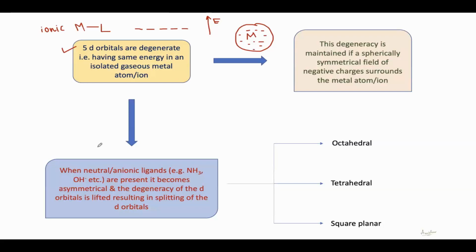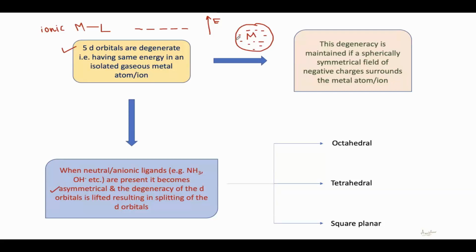Now what happens when the ligands come and distort the spherically symmetrical field? Whenever this negative field is generated due to the presence of ligands, it could be ammonia or hydroxide or any other ligand. When the ligands are there, they interact by their negative dipoles with the metal atoms or ions, and then the spherically symmetrical field becomes asymmetrical.